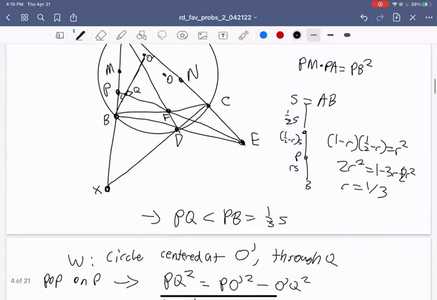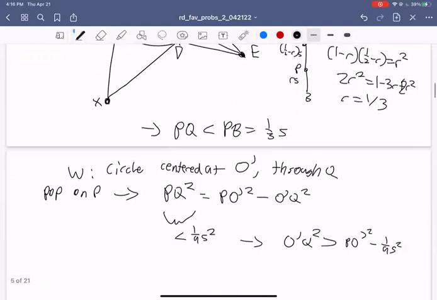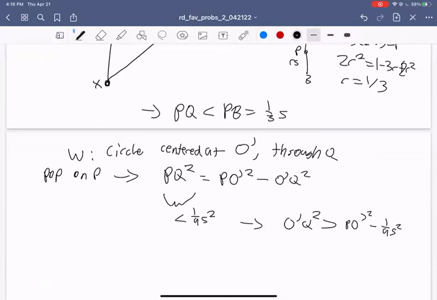And this time we use power of a point, not the Pythagorean theorem, on the circumcircle of A and N about P. That tells us that PA times PM is equal to PO prime squared minus R squared, where this is the radius.